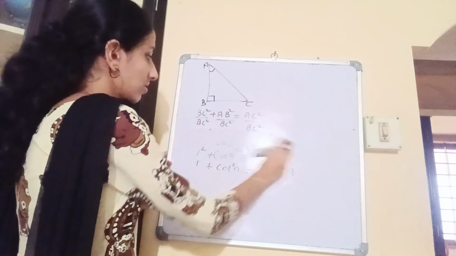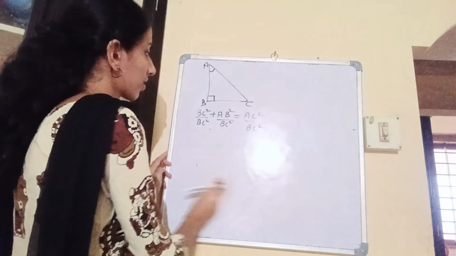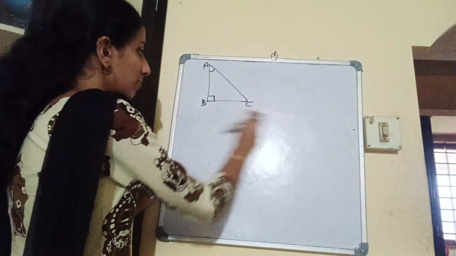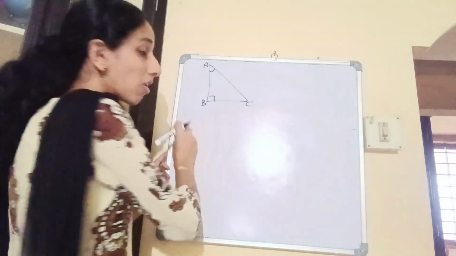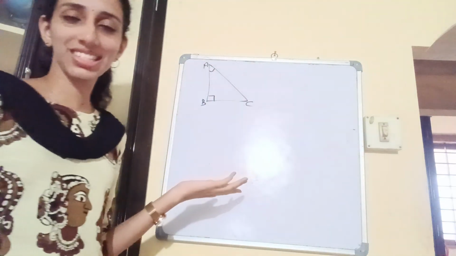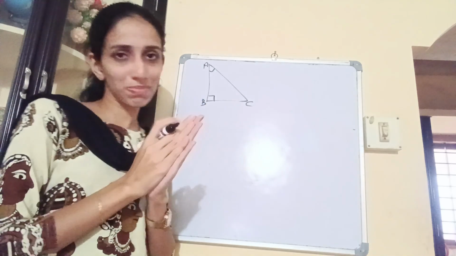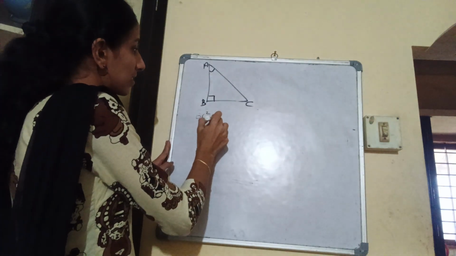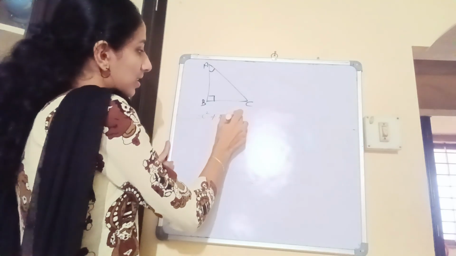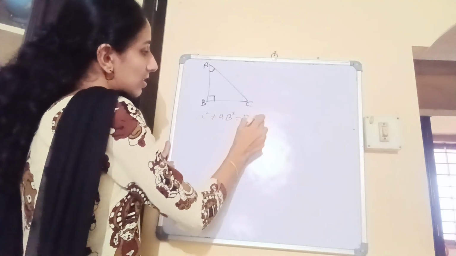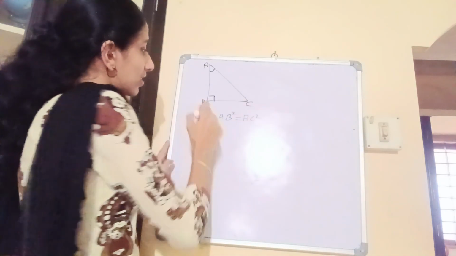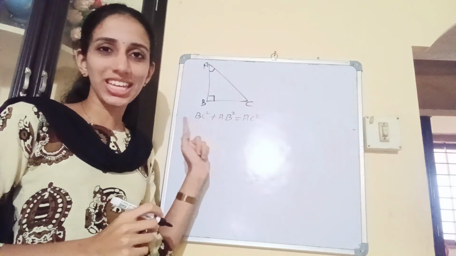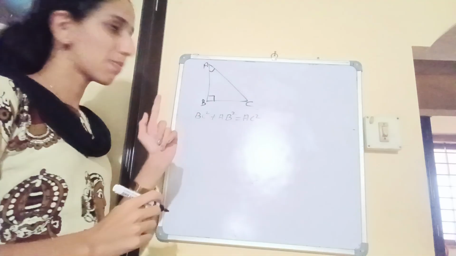The Pythagoras theorem is always the same because there is no change in the triangle or its sides. That is BC square plus AB square equal to AC square. Next we divide each term by AB square.